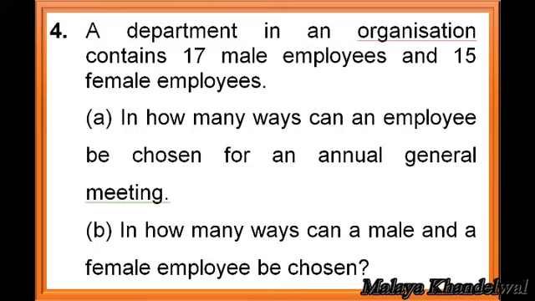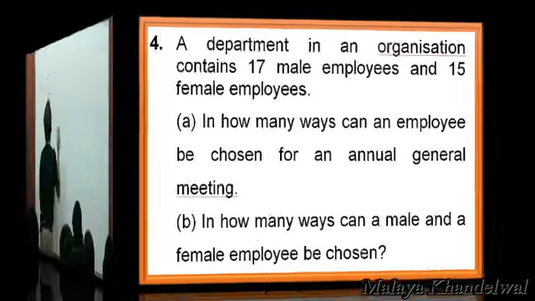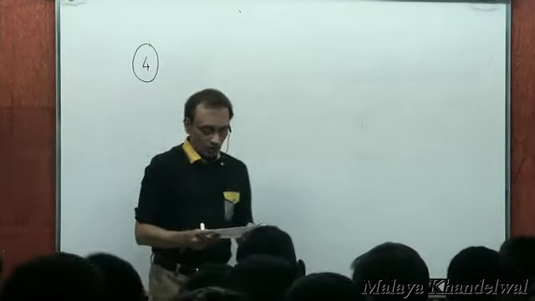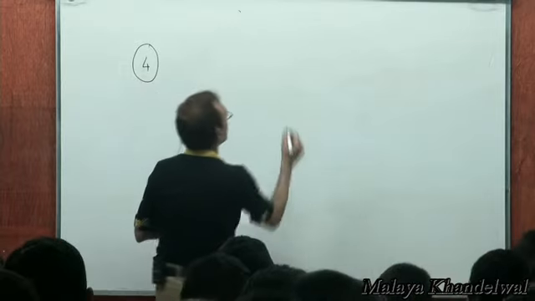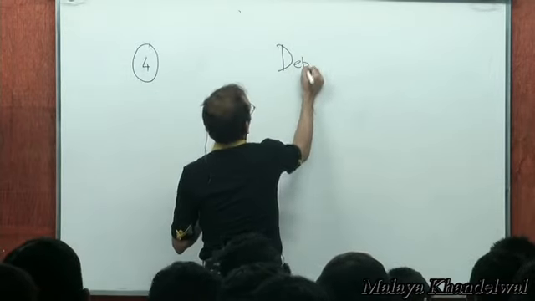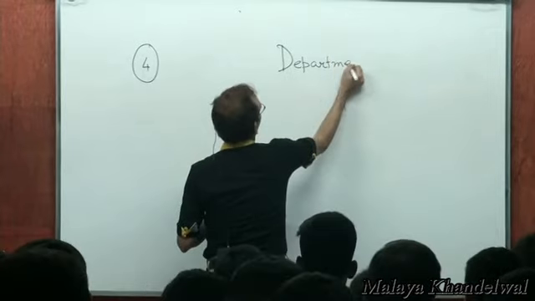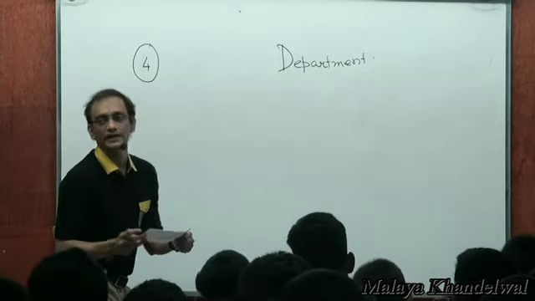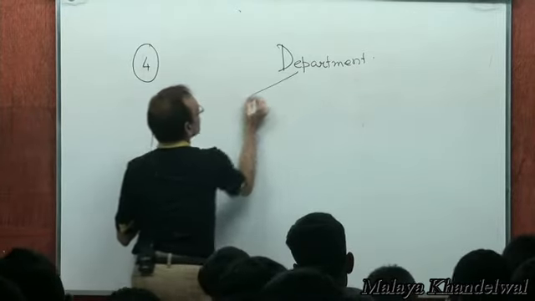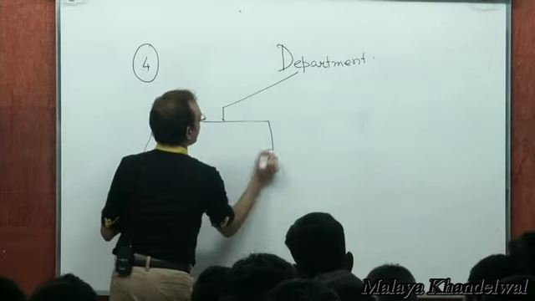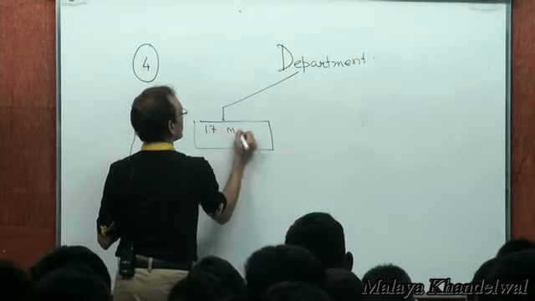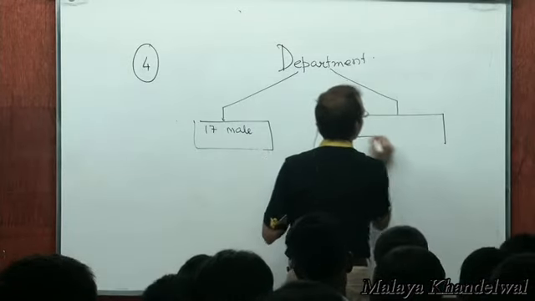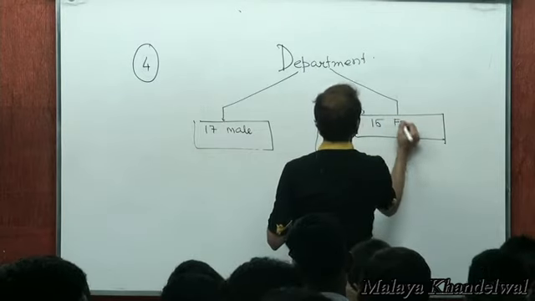Now, problem 4. A certain department in an organization has a certain number of male employees and a certain number of female employees. So the department has 17 male employees and 15 female employees.